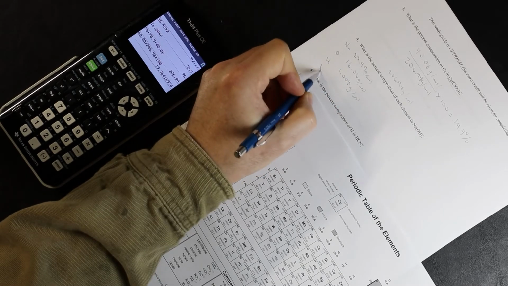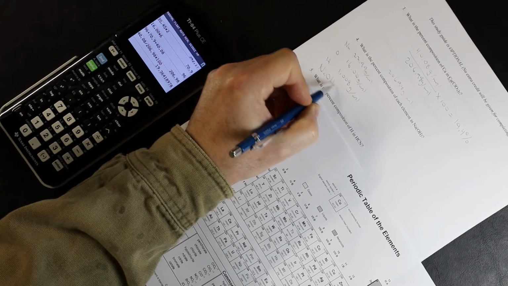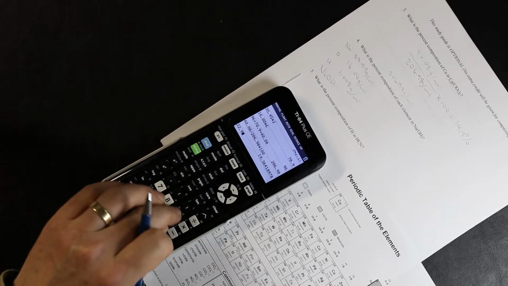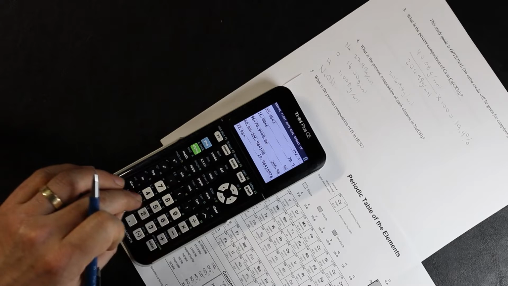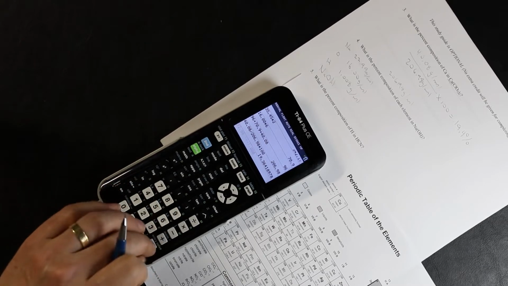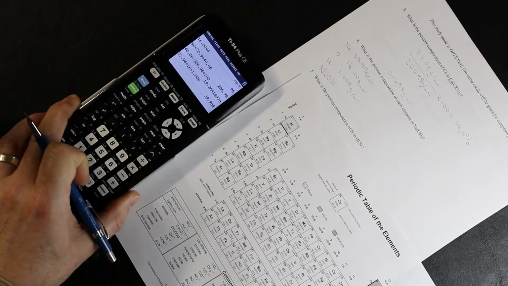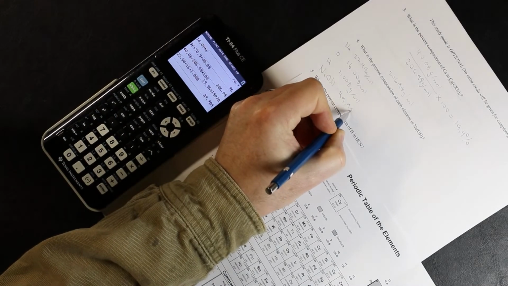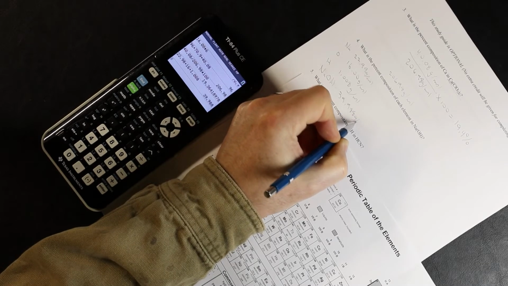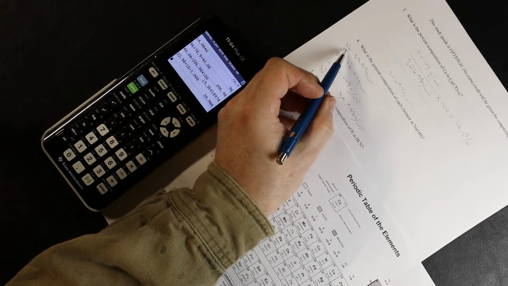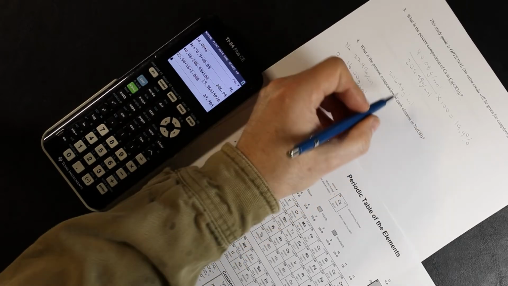My total NaOH is the sum of those. So 22.98 plus 16 plus 1.008, 39.988 grams per mole.